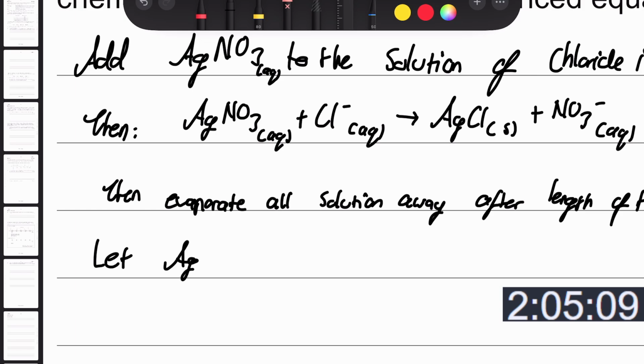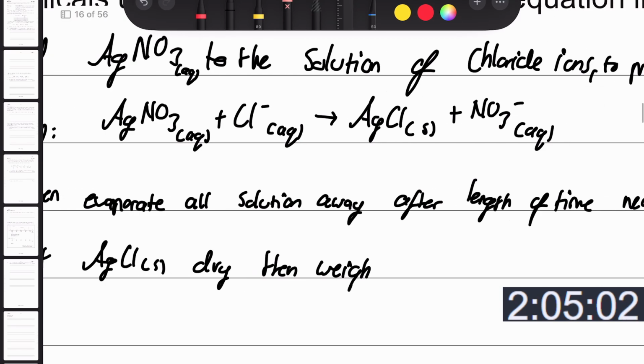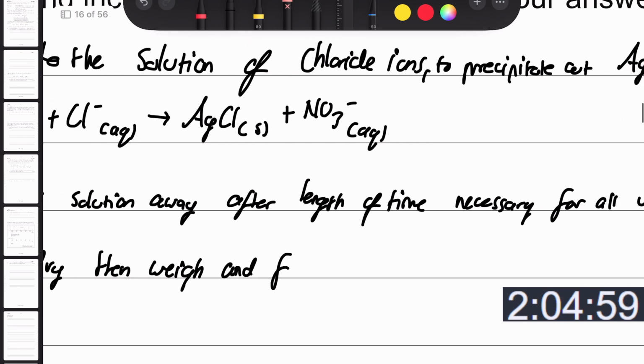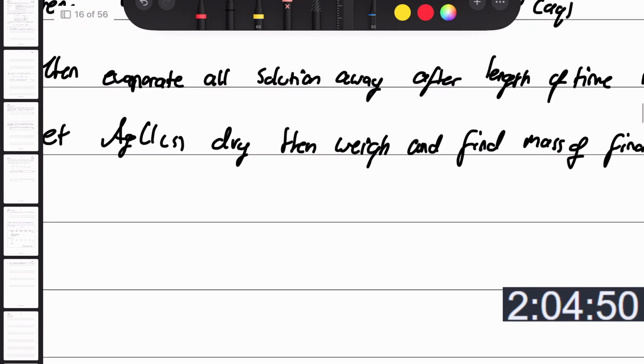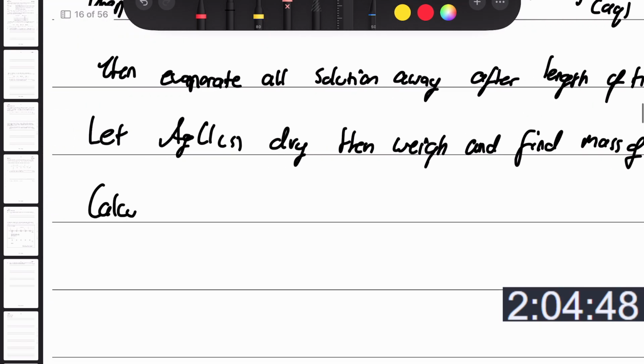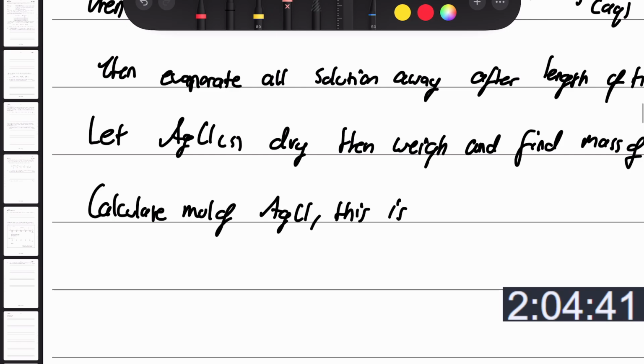So then let AgCl solid dry, then weigh and find the mass of final AgCl. And then we can say maybe calculate moles using molar mass of AgCl.